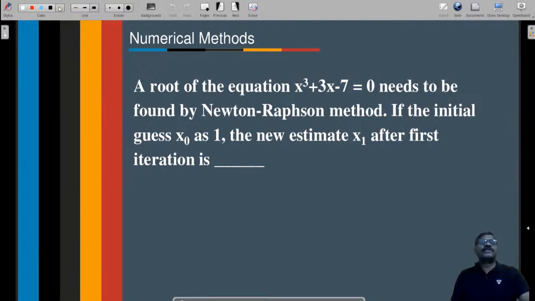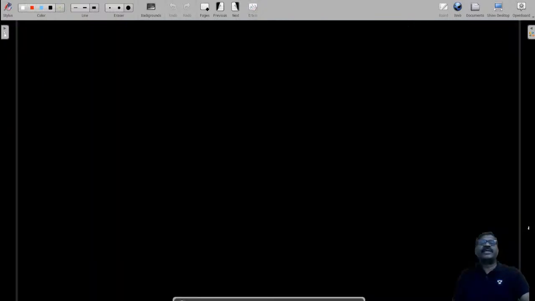Then what is x1? F of x is x cube plus 3x minus 7.